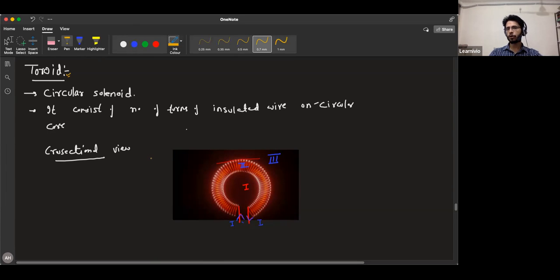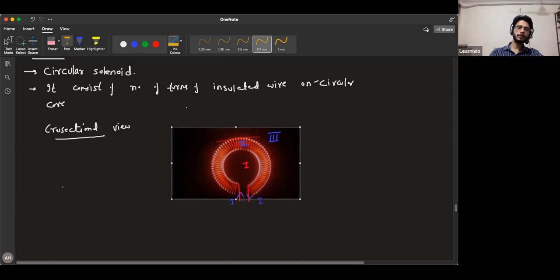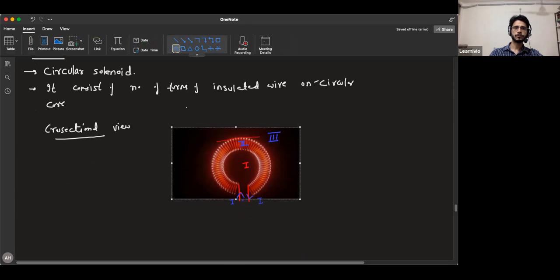If you want to draw the cross-sectional view of the toroid, that means you will cut this toroid. When you cut this toroid, it will look like this. You will see the inner radius.